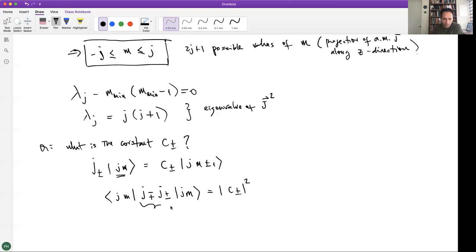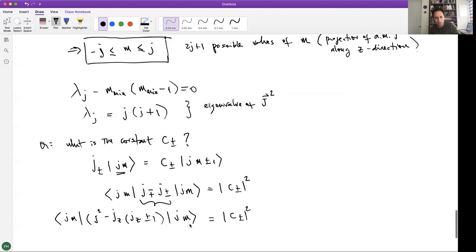And because we have expressions for these products, we can rewrite this operator product as j squared minus jz, jz plus minus 1 acting on jm.